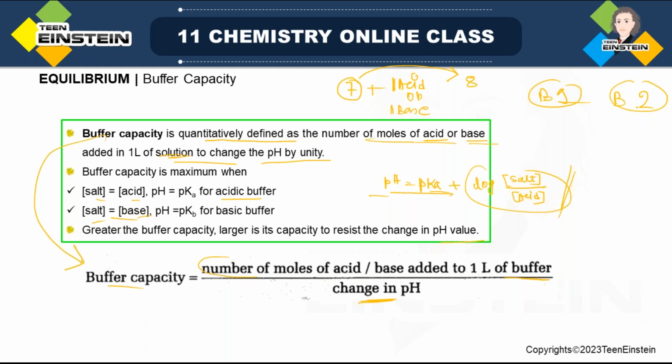That means for a unit change of pH, we have to add more acid or base. So its tolerance limit is high. That is why the greater the buffer capacity, the larger is the resistance to change in pH value.